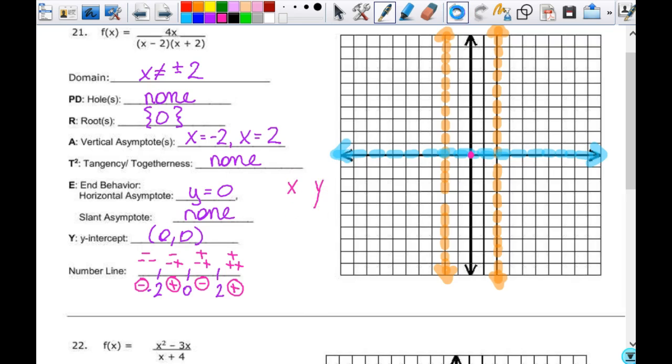Maybe my y shouldn't be so crazy. There we go. So I'm going to pick over here, I'm going to try a negative 3. And so when I plug in negative 3, this is going to give me, look at my little work here, negative 12 over negative 5 times a negative 1.